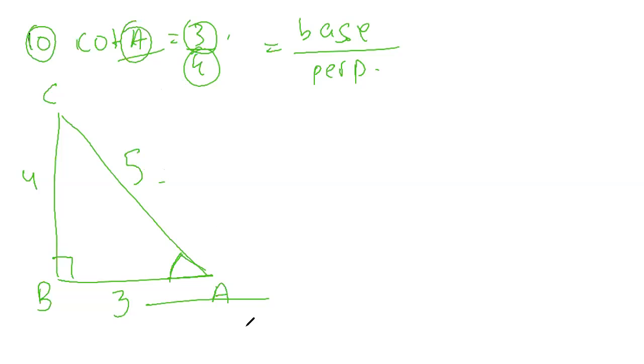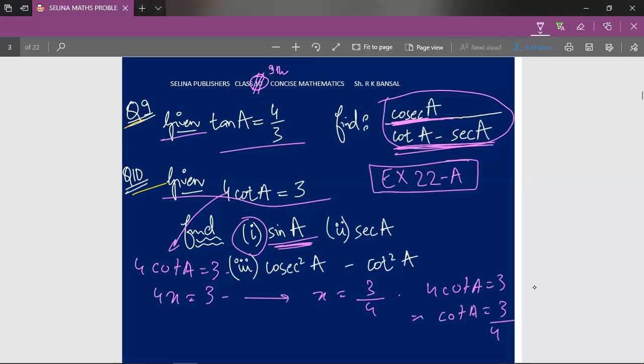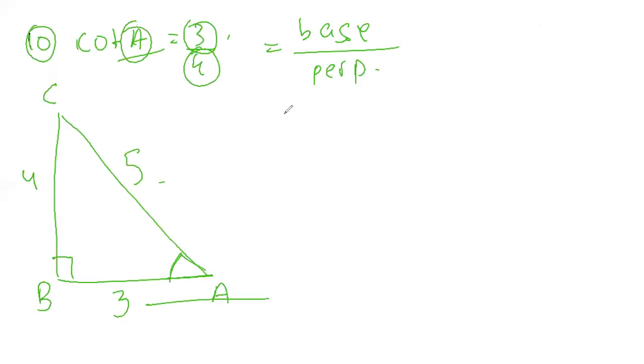The first question states that find sine A. So sine A is equal to, with respect to angle A, perpendicular upon hypotenuse, that is 4 upon 5.